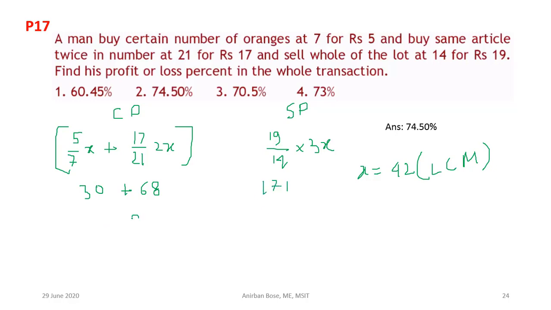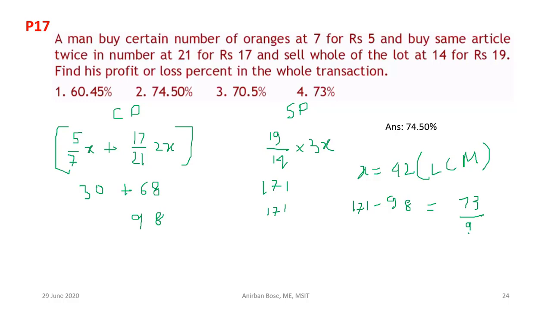So here it is 98, here it is 171. So when cost price is 98, selling price is 171, so what is the profit? 171 minus 98 is 73. So 73 is the profit.